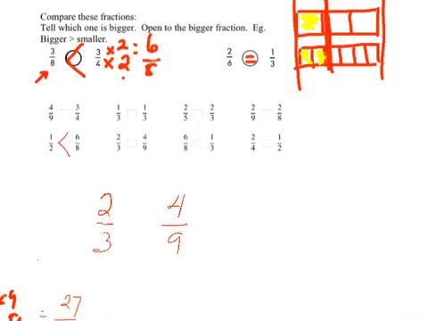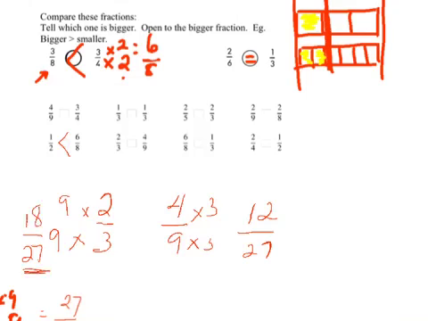I'm going to multiply this side with 3 on the top and the bottom, and this side with 9 on the top and the bottom, just to make sure I end up with equivalent fractions. 9 times 3 is 27. 4 times 3 is 12. When I go over here, 9 times 3 I already know is 27, and 9 times 2 is 18. Now I can easily compare 18/27 to 12/27, 18/27 being larger, so that makes 2/3 also a larger fraction.